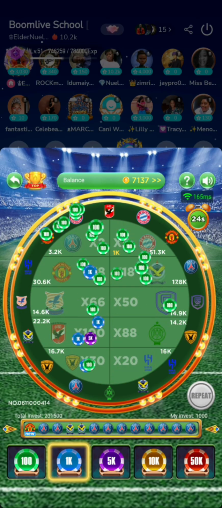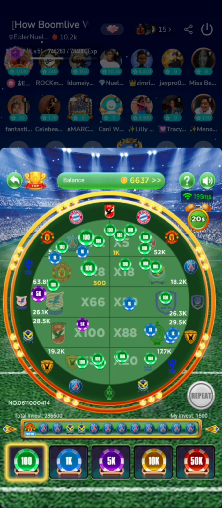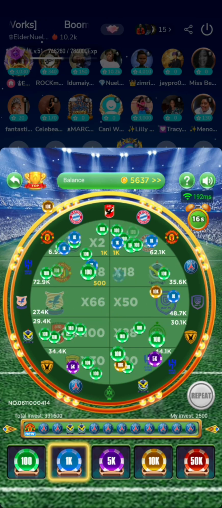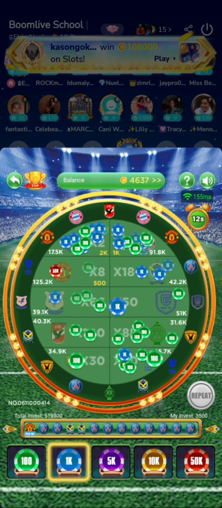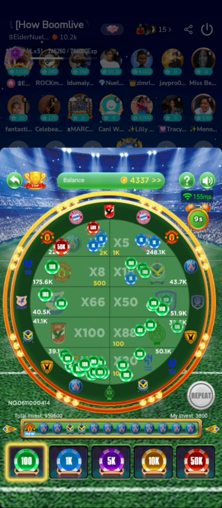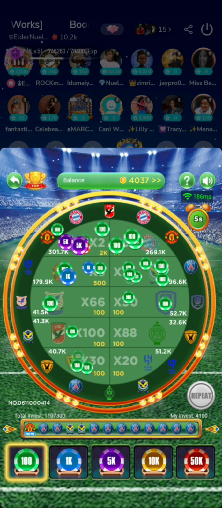Times 8 can repeat itself again. And of course times 2. Sometimes times 8 used to lead to a big number. So if you have coins, you can touch some of the big numbers.